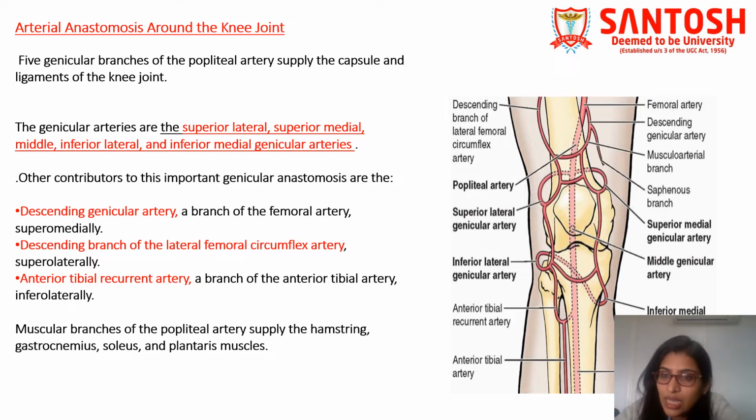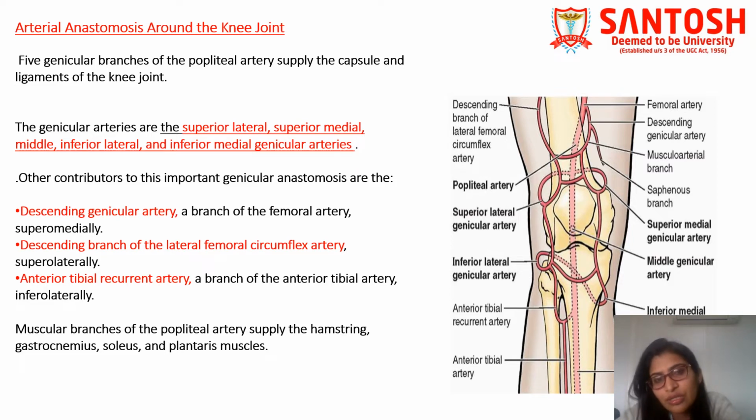Now the arterial anastomosis around the knee joint, which is very important. Anastomosis anywhere in the body plays a very important role. Now 5 genicular branches of the popliteal artery supply the capsule and ligaments of the knee joint. So here is the diagram showing you the anastomosis around the knee joint.